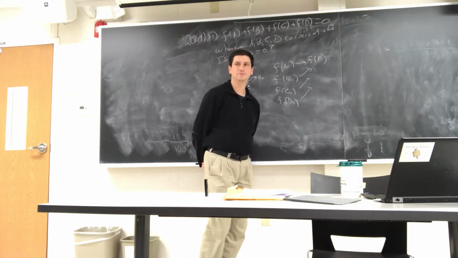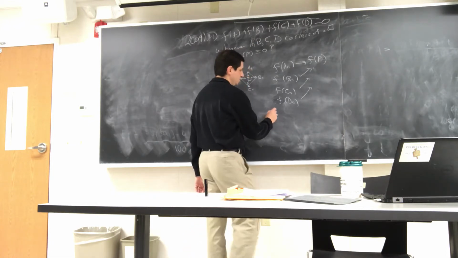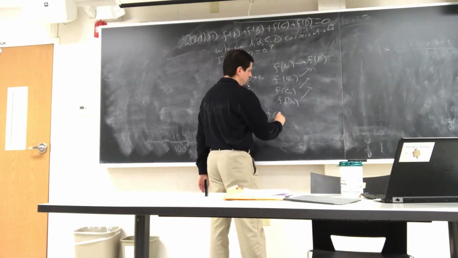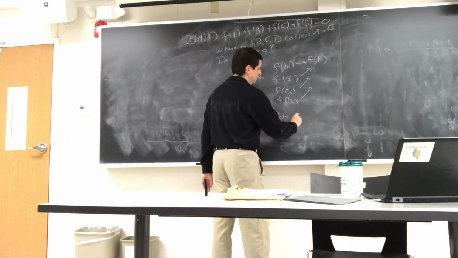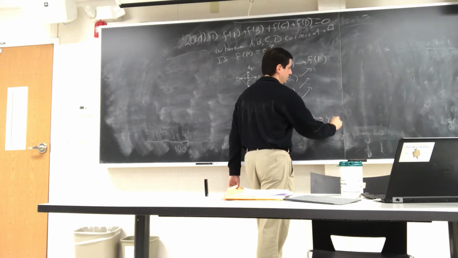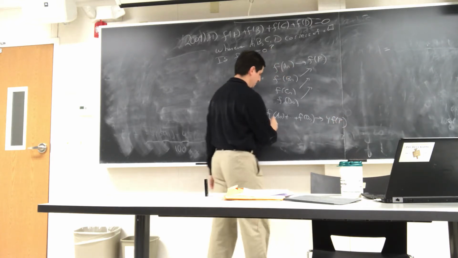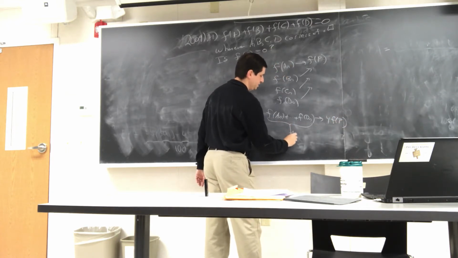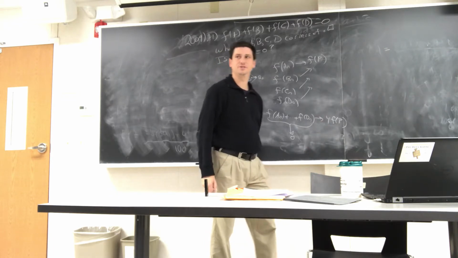Has to be 0. So f of A_n plus f of D_n has to go to 4 f of P. And since this goes to 0, that means this has to go to 0.